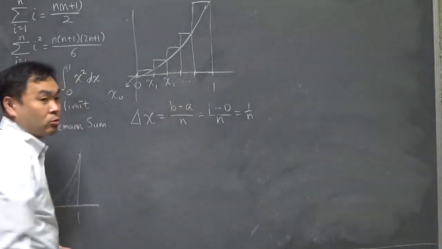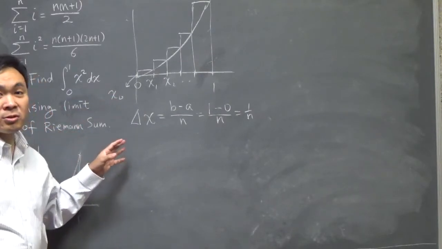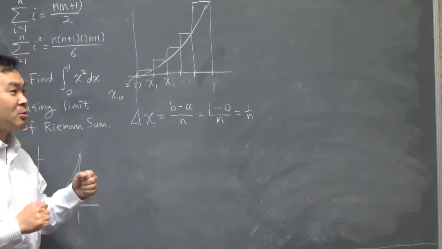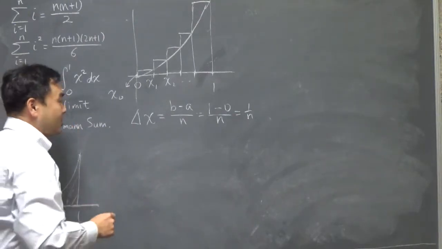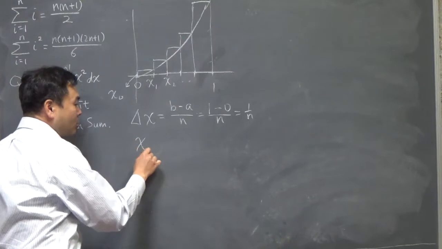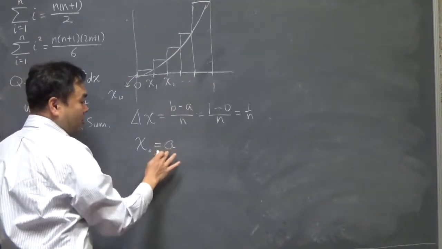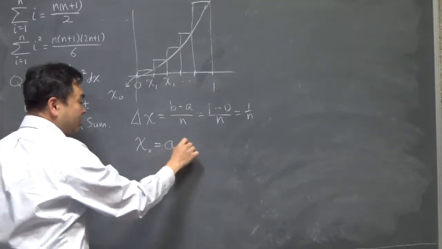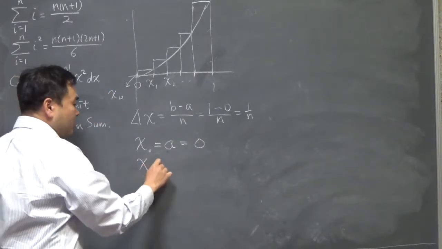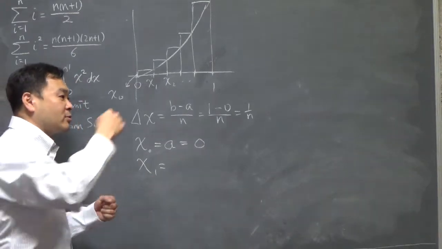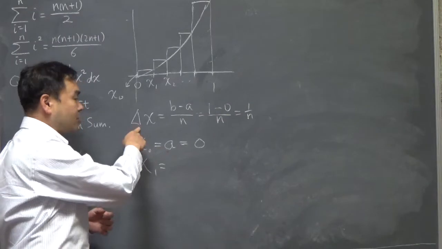Now, to get these points, you want to do calculations that's like walking in a park. That's what I said before. And the x0 is always the left endpoint. It's from a to b, so a is the left endpoint, and in our case, a is 0. And then x1, you're taking step sizes, and every step size is delta x, right?